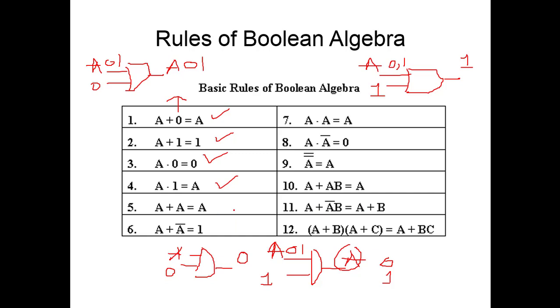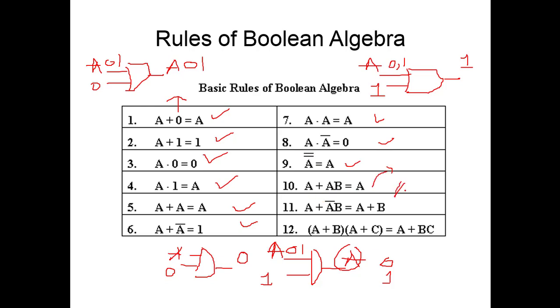In this way you can verify all other basic postulates, like a plus a is equal to a, a plus a complement is equal to 1, a into a is equal to a, a into a complement is equal to 0, a double complement is equal to a, and a plus ab is equal to a.